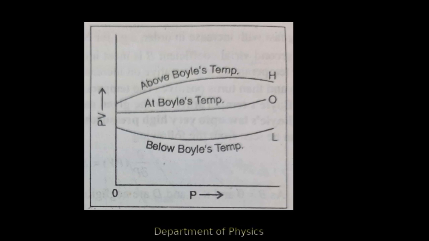In the next session, we will discuss the virial equation of state and the Andrews experiment. On the basis of such behavior of gases, Andrews performed a series of experiments on carbon dioxide and drew the various isothermals.